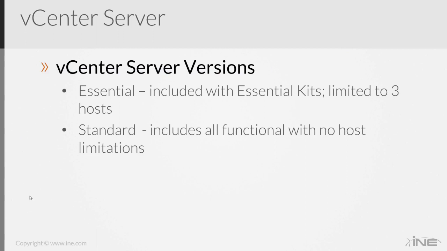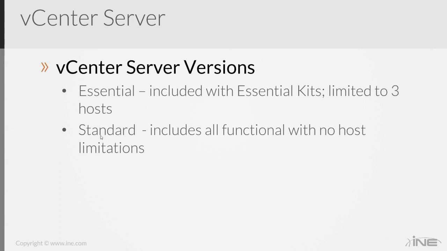So in a nutshell, for versions, we have two versions. The Essential, and this is included with what VMware markets as the Essential Kit, and this would limit you to 3 hosts. So basically you have 6 CPUs total that you could license on this platform.